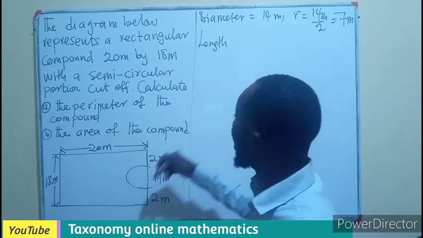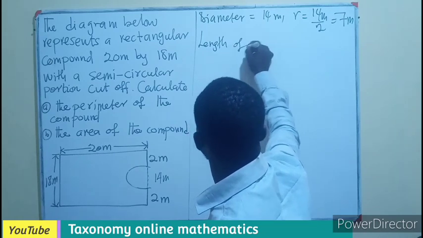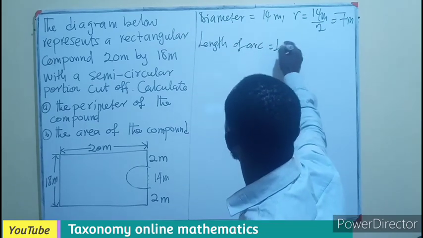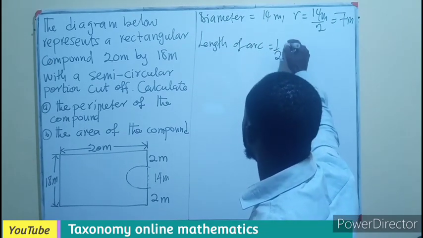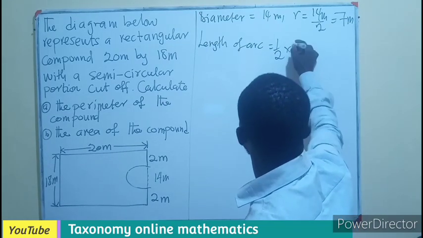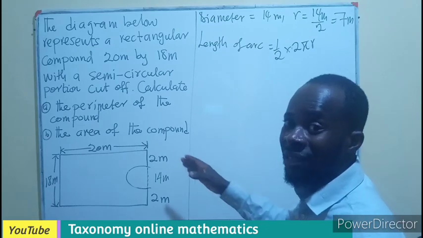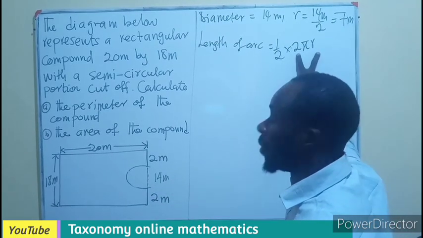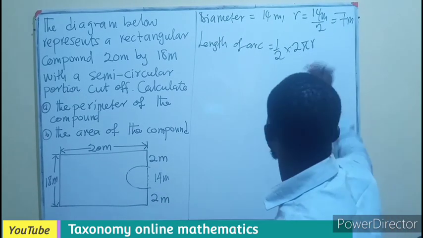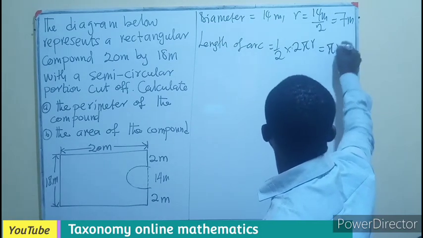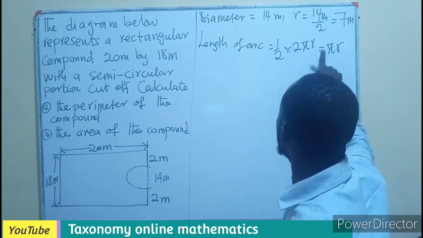But this is a semicircle, so the length of the arc becomes half of 2 pi r. This half is because it's a semicircle. Half of 2 pi r gives us pi r, since half of 2 is 1.